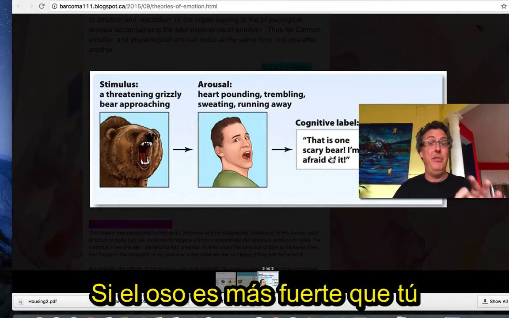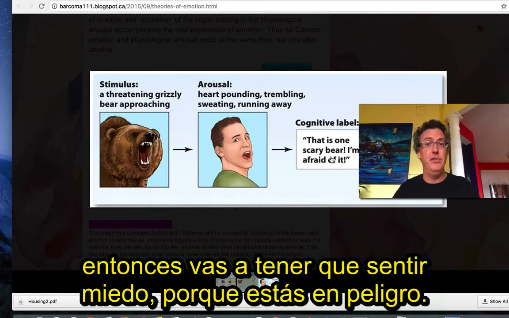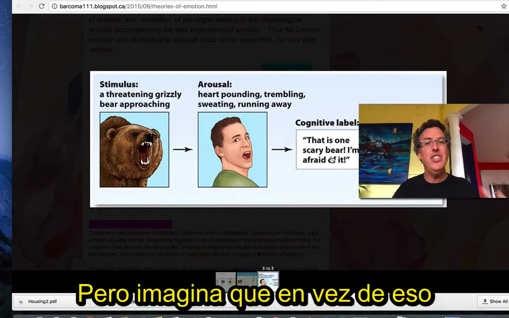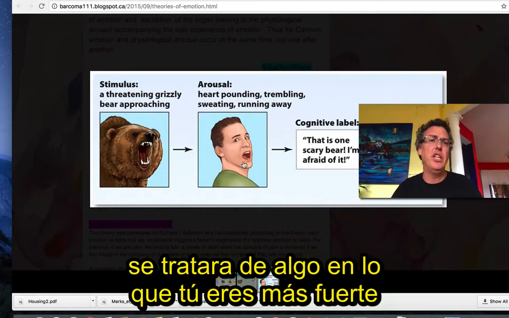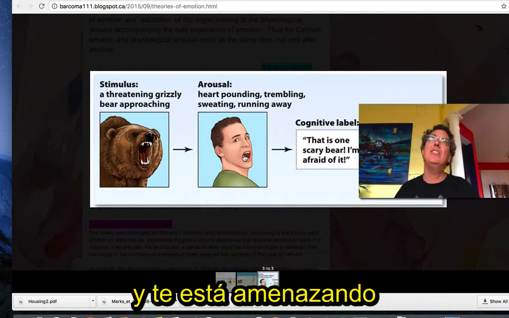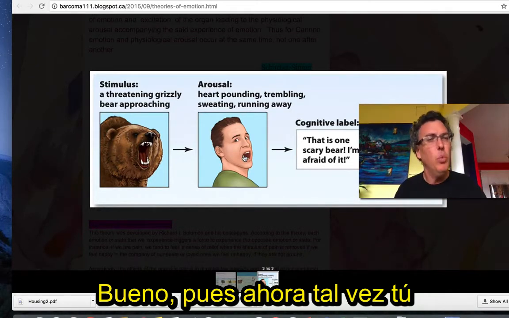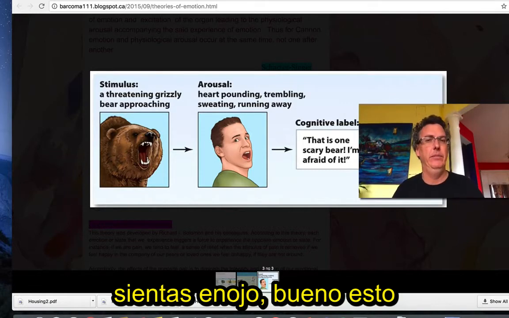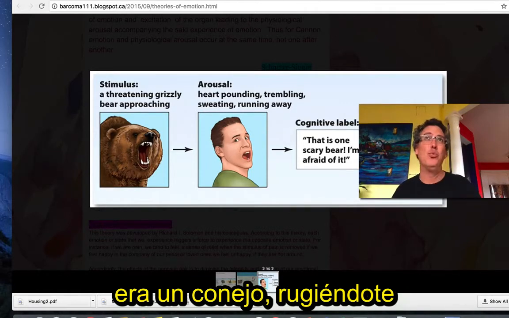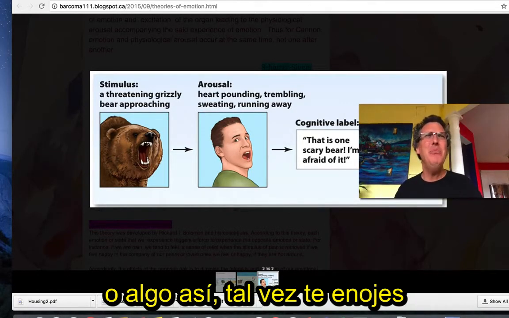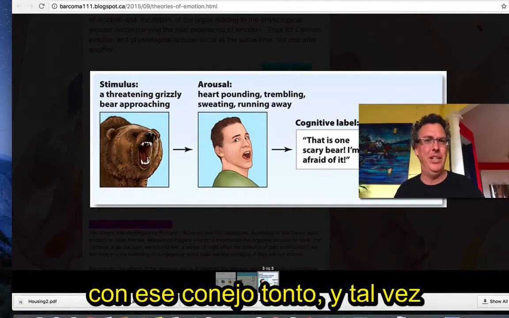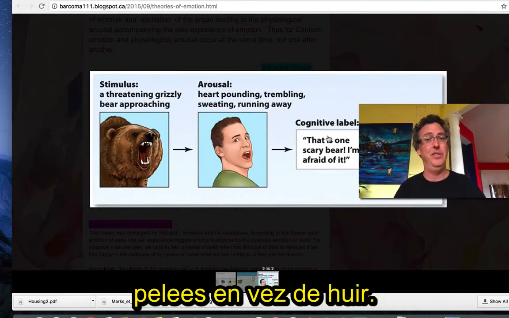If the bear is tougher than you are, you're going to feel fear because you feel in danger. But imagine instead it was something that you are tougher than, and it's threatening you, and you're thinking, I can kick this thing's butt. Well, now you might feel anger. If this was a rabbit roaring at you or something, you might get angry at that stupid rabbit, and you might be ready to fight versus flee.